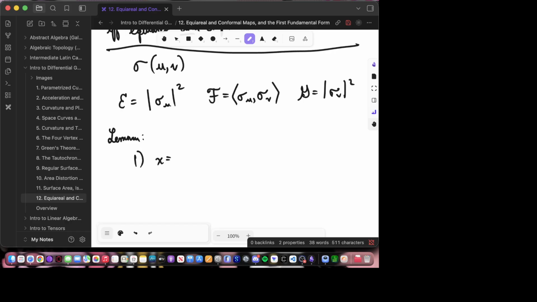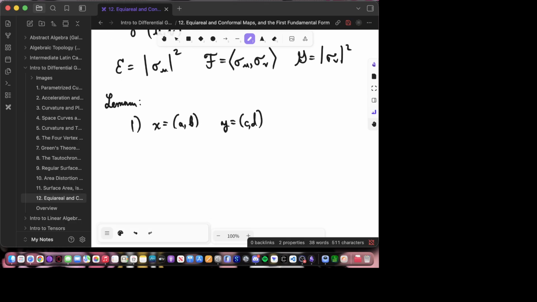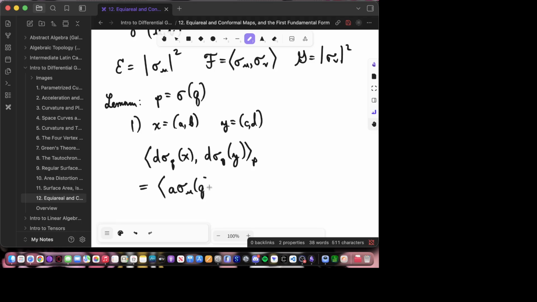So if we have a point x equals (a, b) and y equals (c, d), and they're all in R2, then the derivative sigma q x and sigma q y at p, or let's make sure p equals sigma of q, equals the following.